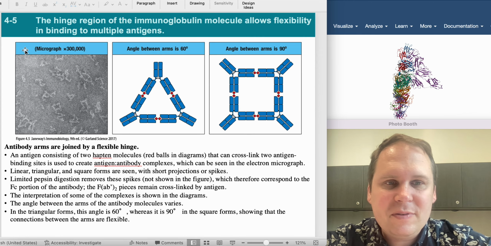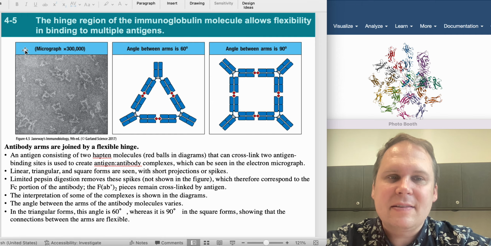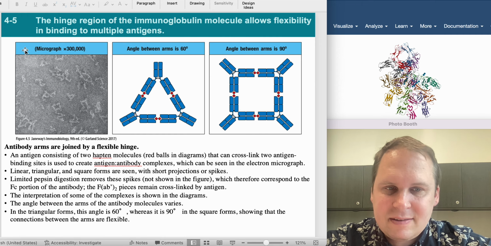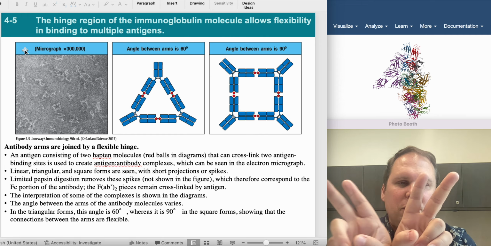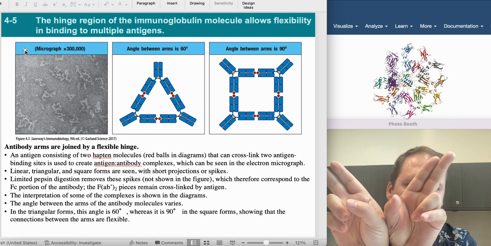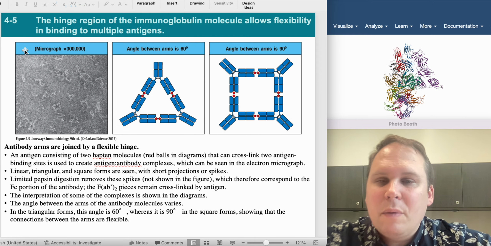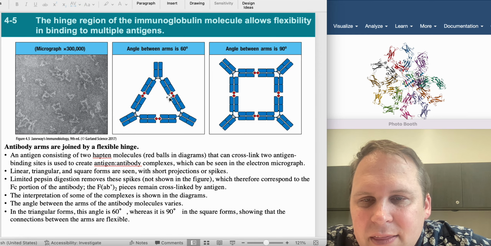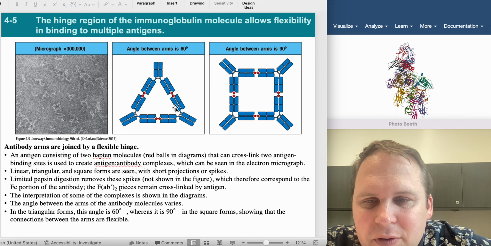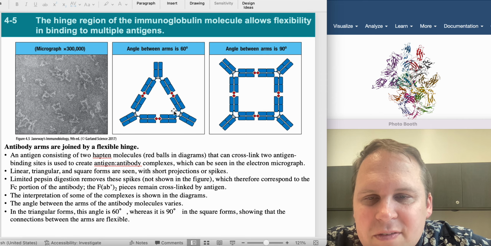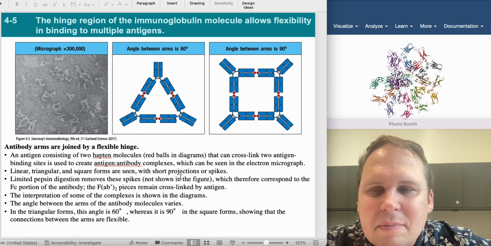Fine. So the cool thing about antibodies is that even the simplest antibodies will have two little FABs, so they'll have two little antigen binding sites. If you circle this antibody in the bottom corner of the triangle, you can see it's holding on to two separate antigens at the same time.